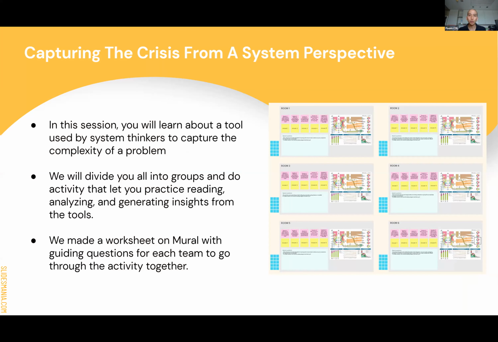In this session, you will learn one of the tools that systems thinkers use to capture the complexity of a problem. We'll focus 70% of our work on the doing, not just me telling you what you're supposed to do. We'll divide you into groups and do the activity on a platform called Miro.